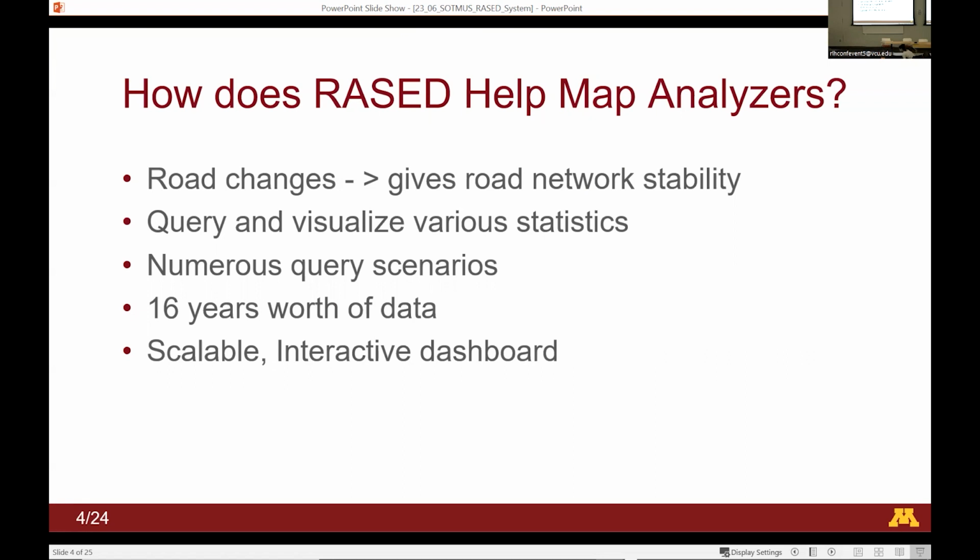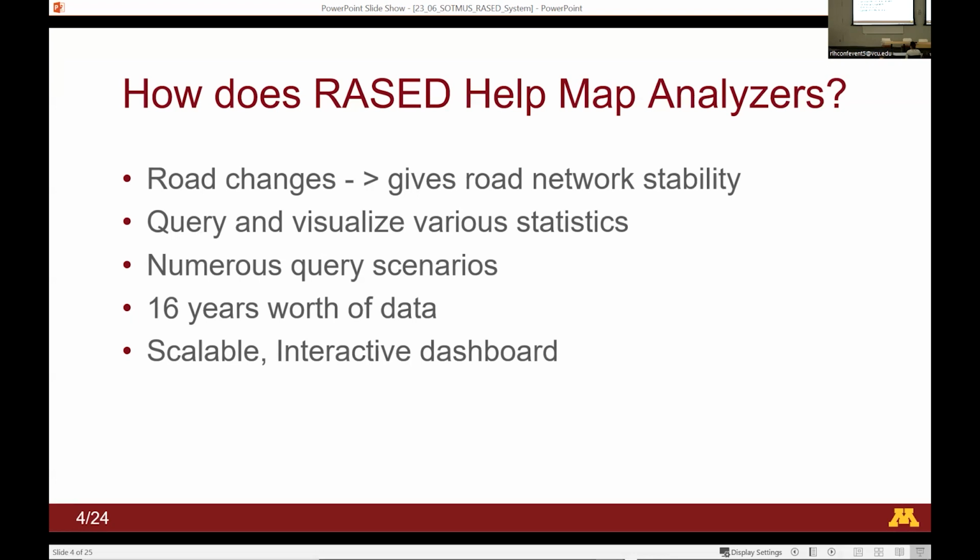That could be new additions to the map, or updates to existing roads, not only their topological data, but also their metadata. So the road can stay without change, but you add new metadata about speed, restrictions, direction and so on. So the goal here is to show the number of updates with statistics, so we can see how often the map is changing, with various query scenarios that allow you to compare countries, to focus on certain types of roads or certain areas, over either a large period of time or a small period of time.